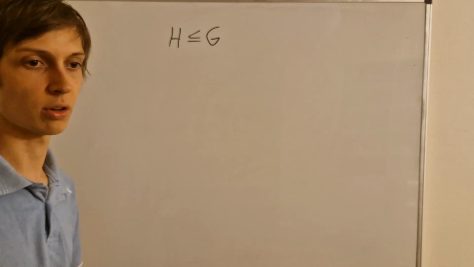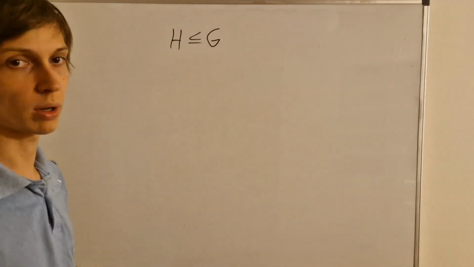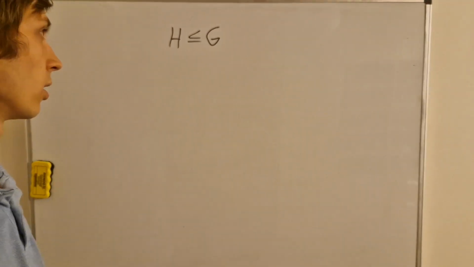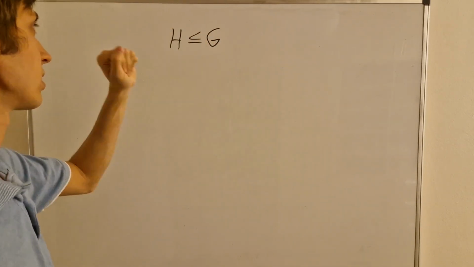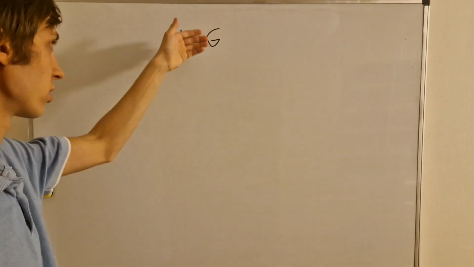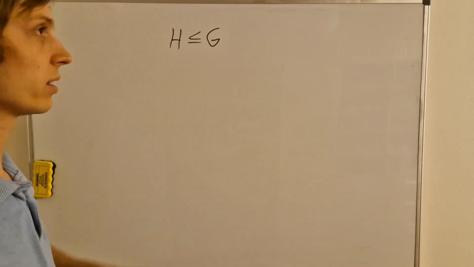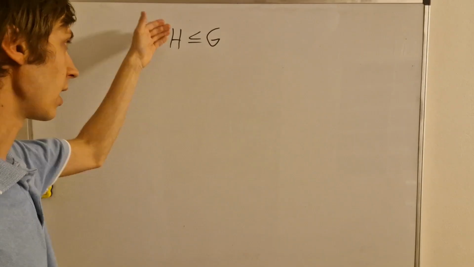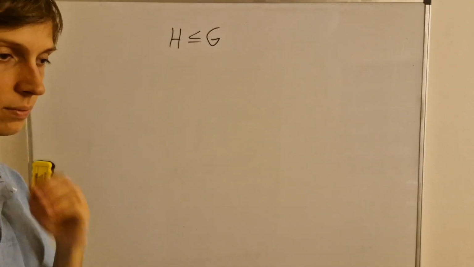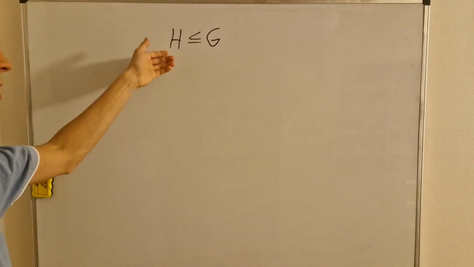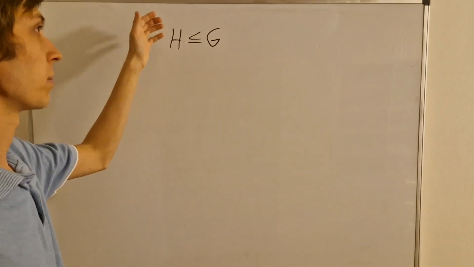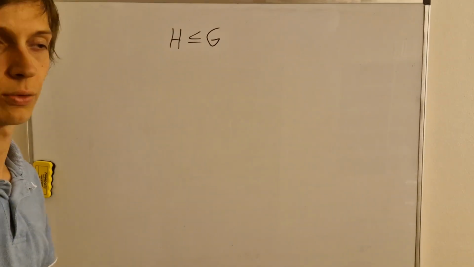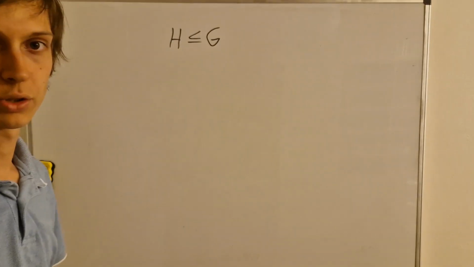Then, for every element inside H, one can find its inverse according to the operation of G, because H carries the same operation as the group whose subgroup it is. So for every element inside H, there's an inverse again inside H. And as I said, it can be just the identity element of G, it can be all of G, or it can be a proper subset of the element set of G.